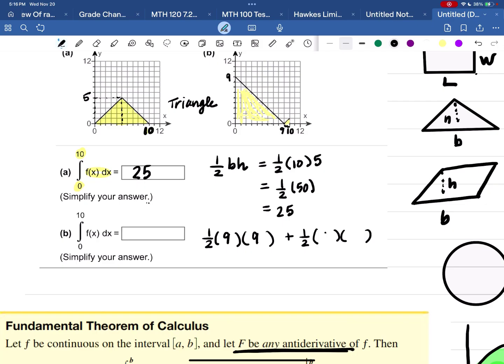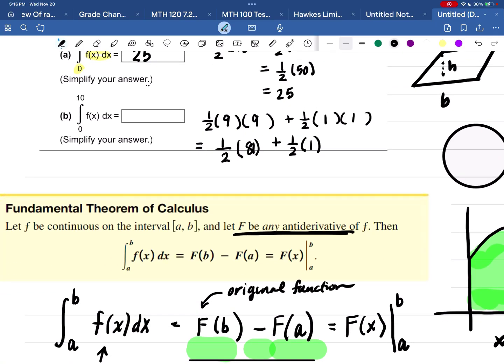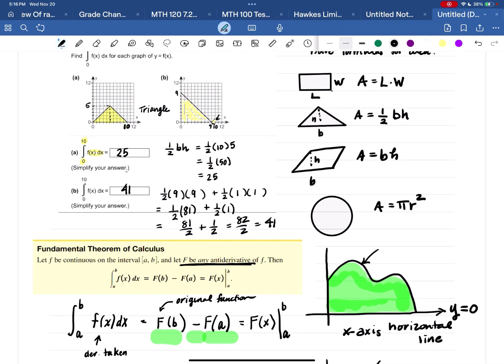This base is 1, and its little height here is also 1. So that's half of 81 plus half of 1. That's 81 over 2 plus 1 over 2 is 82 over 2, or 41 units. So that area is going to be 41.